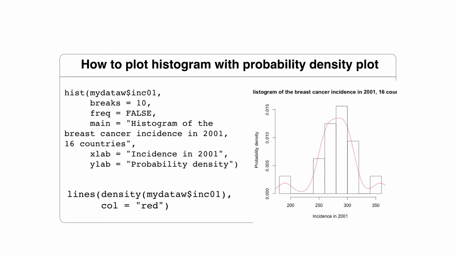And I have decided to put a color, which is red. In my previous histogram, I could have specified another color for the bars and a different color for my line. So the lines function is the one that will enable you to draw a particular line on a plot. Very, very important.